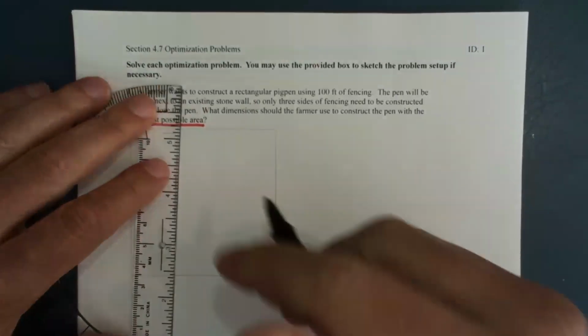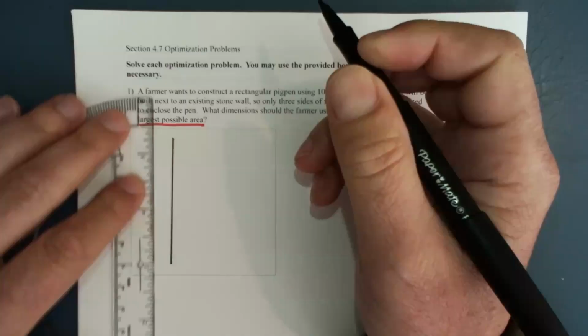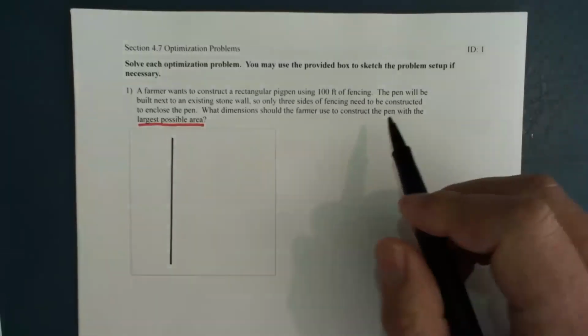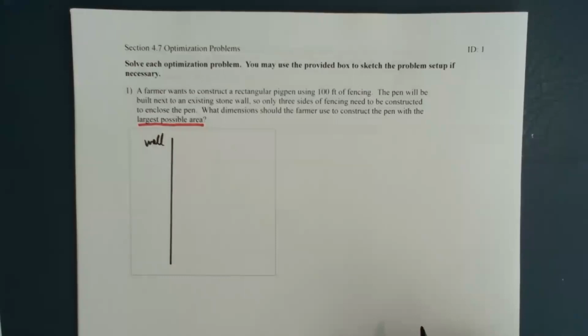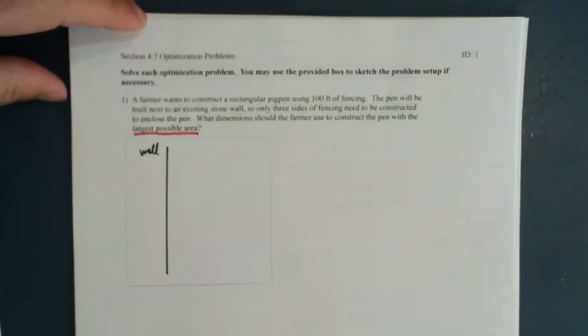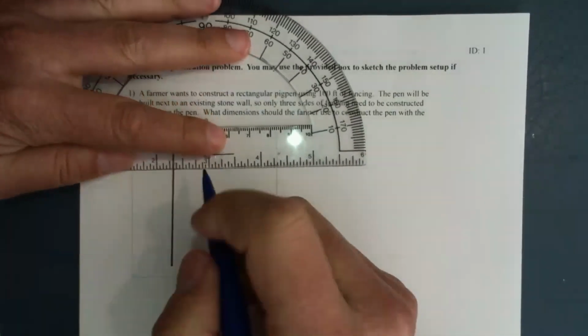And I'm going to start by drawing a picture. And this will be the wall. So it says an existing stone wall. So this is the wall. And then we're going to have the actual pig pen itself. And there's only going to be 3 sides.